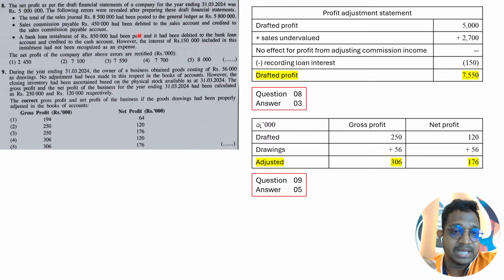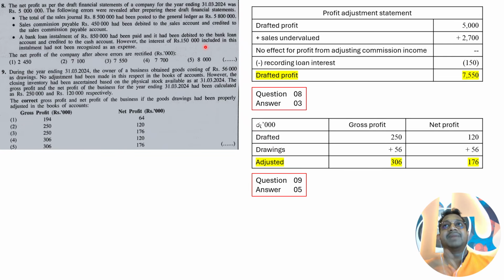Okay. And the last one says the bank loan installment 850 had been paid and it has been debited to the bank loan account, which means the full bank loan installment 850 you debited to the bank loan account. But what happened here, the interest was not recorded, right? So the interest you should record, and interest is an expense.